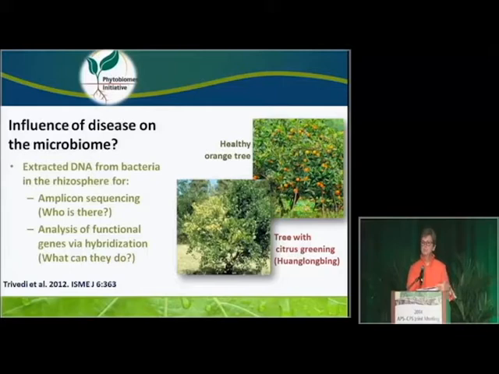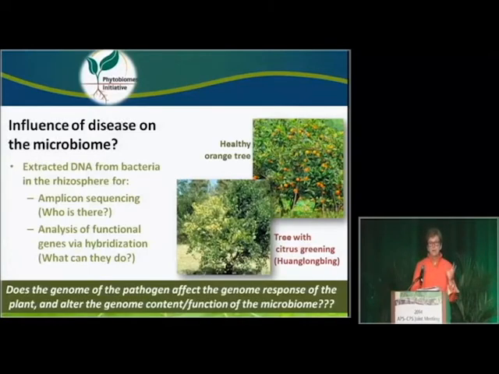And they did this on trees with citrus greening versus healthy orange trees. So if we come back to my context of genome interactions, they're asking, does the genome of the pathogen affect the genome response of the plant, which then affects the genome content or function of the microbial communities surrounding the rhizosphere?